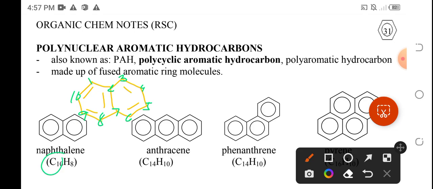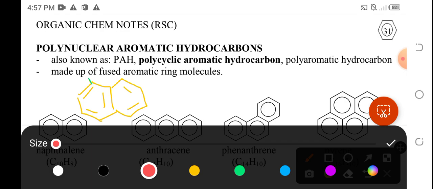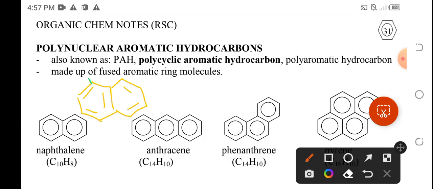Now, when it comes to the hydrogen, paanong naging 8 lang yan? Okay, so if we're going to satisfy the 4-bond requirement per carbon atom, so this already has 3 bonds, 1 double bond and 1 single bond. So it could only accommodate 1 hydrogen. Okay?